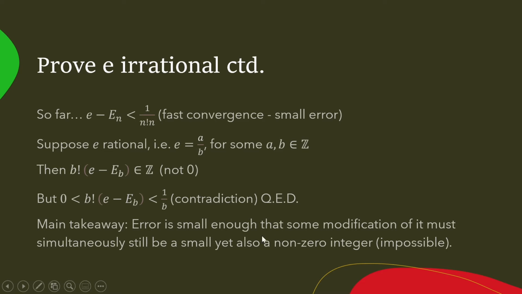But at the same time, we showed that it had to be some integer value, and you can't have something that's small, which is basically fractional, be an integer unless it's zero, but it's not zero either. So you get a contradiction like that, and that's really the key idea to take away from this proof, because we're now going to be proving a more general fact that e is transcendental, but we're still going to be making use of this key idea in that proof.